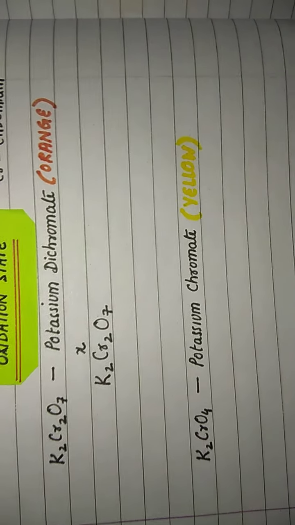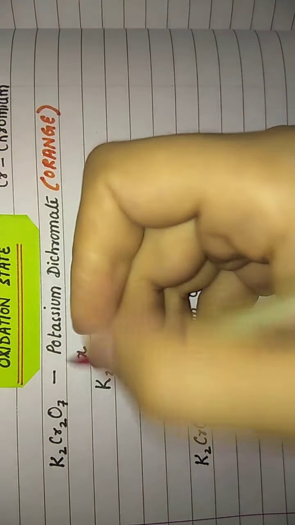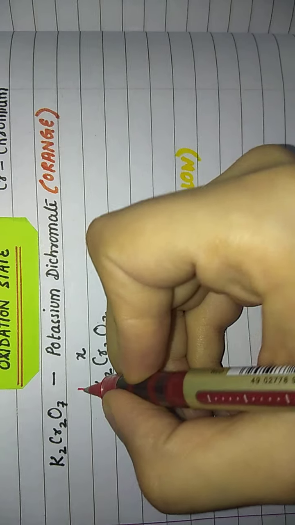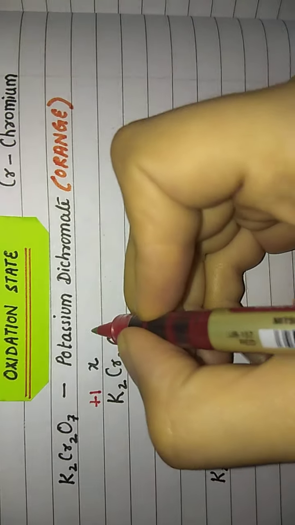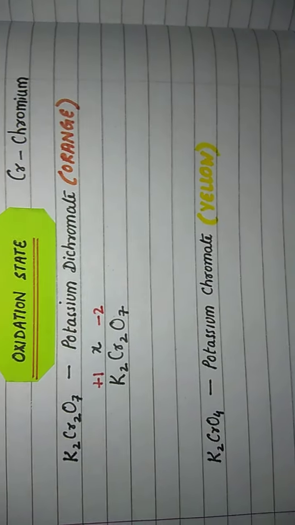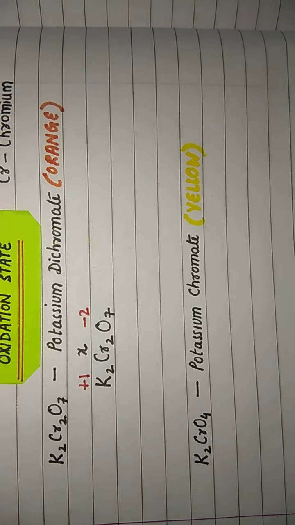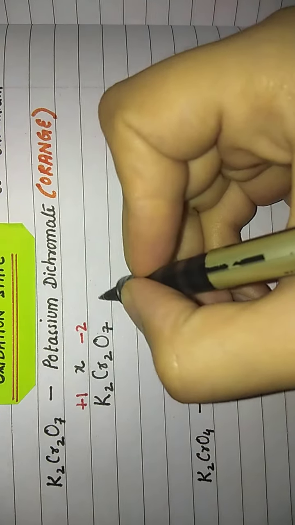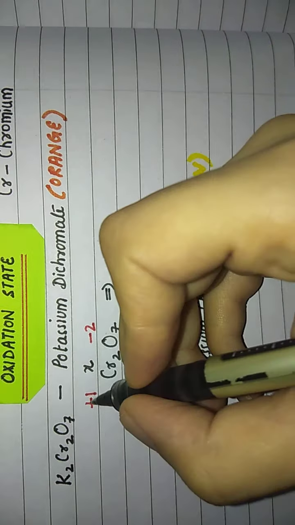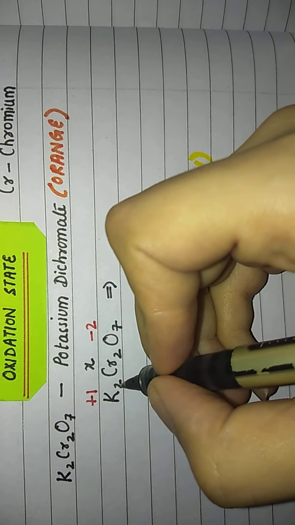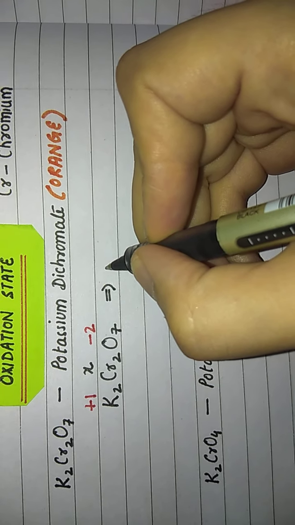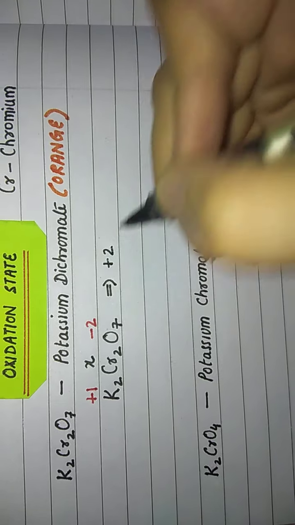Now potassium, we've already discussed this. It exhibits a charge of +1 and oxygen -2. So my equation will be +1 into 2, because there are 2 potassium atoms, so it will be +2. I am directly writing it.